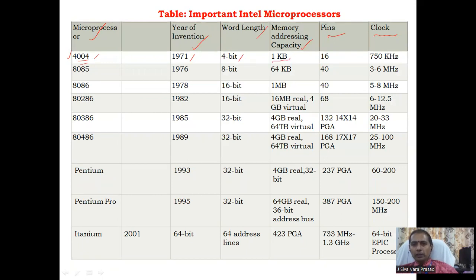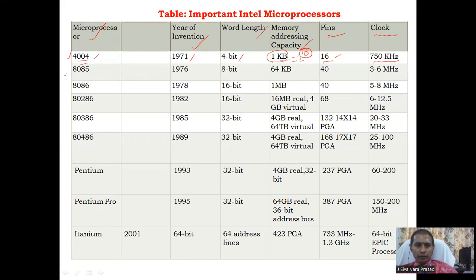Here the memory capacity is up to 1 kilobyte, so the microprocessor can access external memory of 1 kilobyte. 1 kilobyte means 2 power 10, so it contains 10 address lines. The power value indicates the number of address lines. It requires 16 pins, so this IC contains 16 pins, and the clock frequency is 750 kilohertz. With this particular frequency range only, the microprocessor performs its operations.